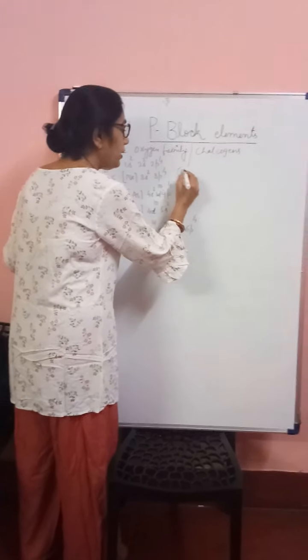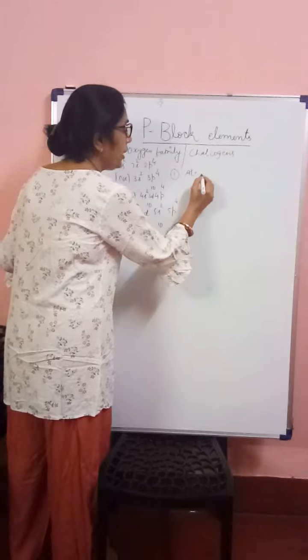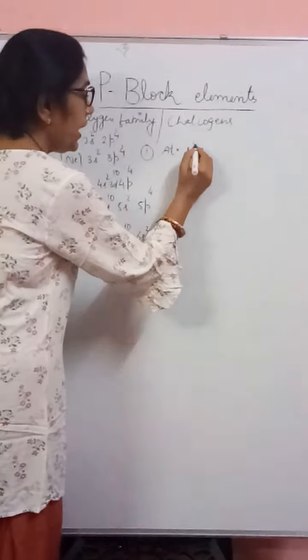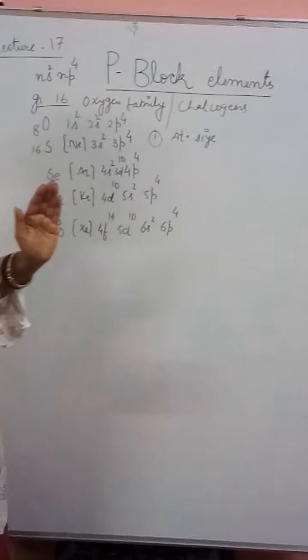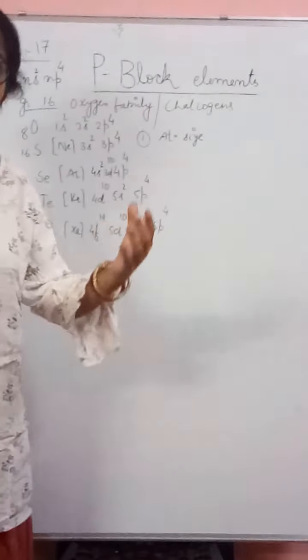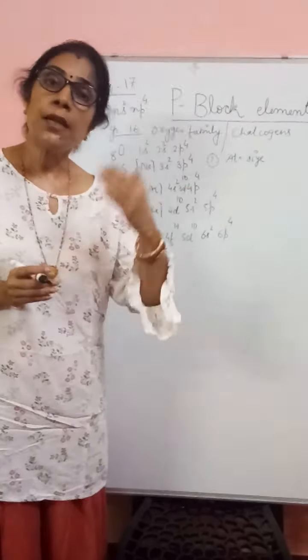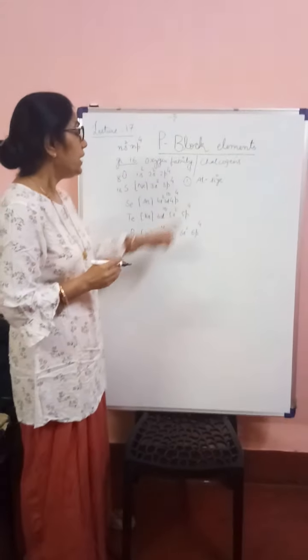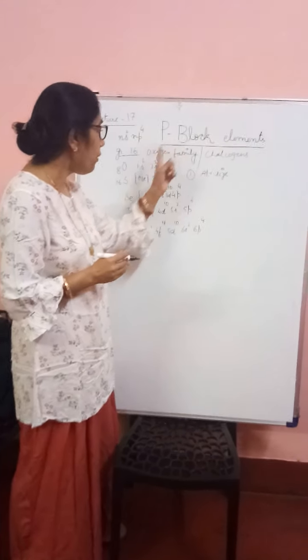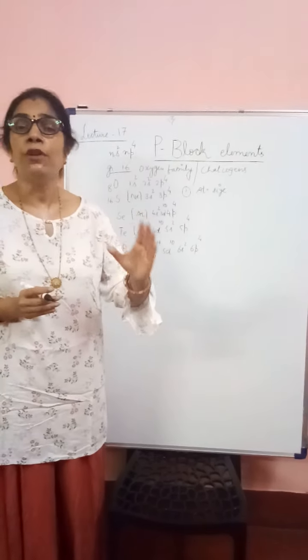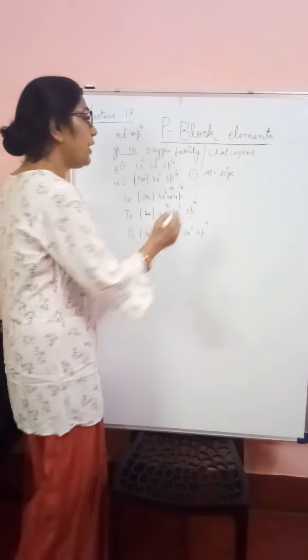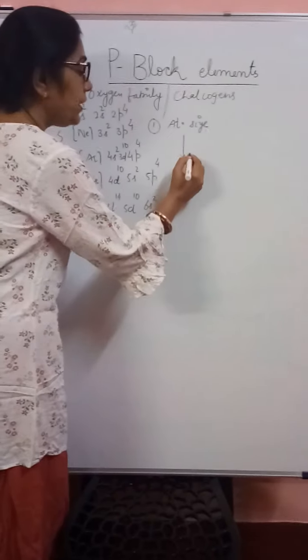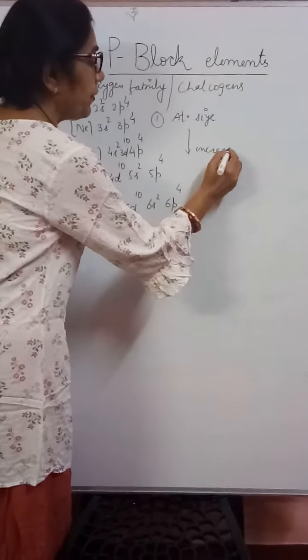First of all, I would like to start with atomic size or atomic radii. As compared to group 15 elements, the nitrogen family, the atomic size of group 16 elements will be smaller, but down the group atomic size increases.